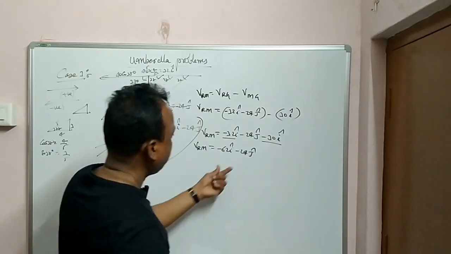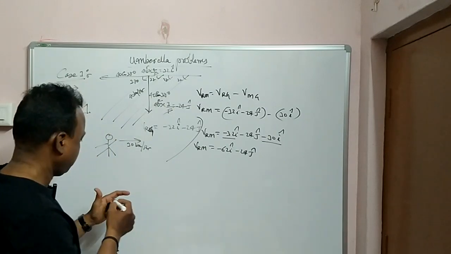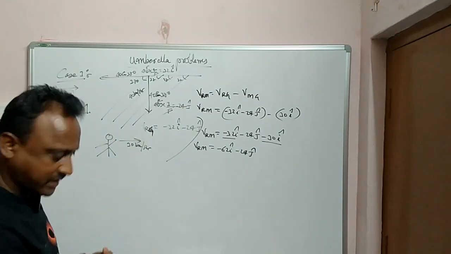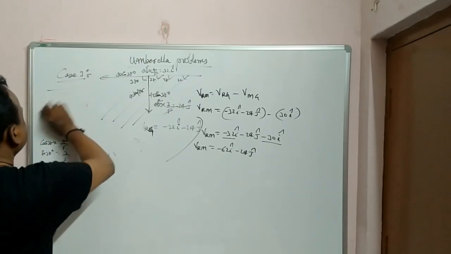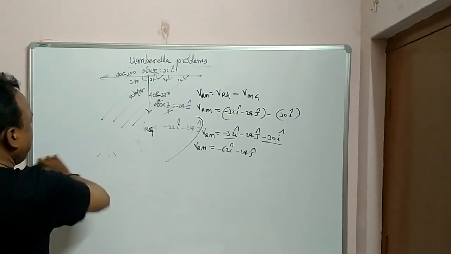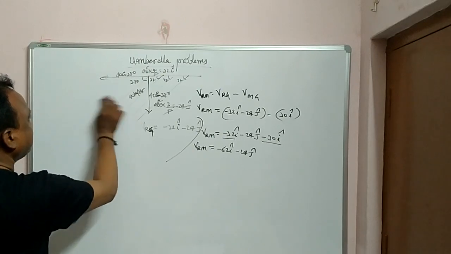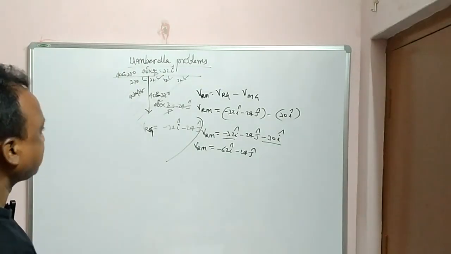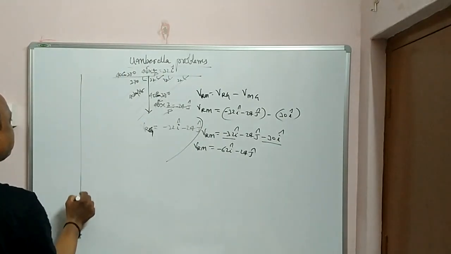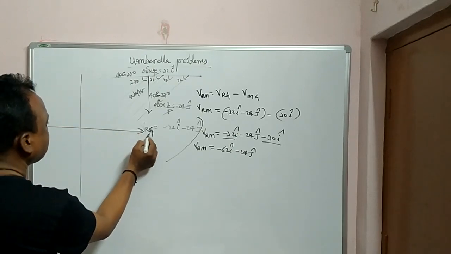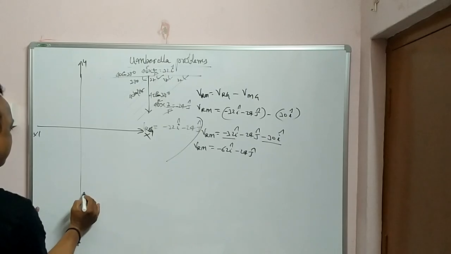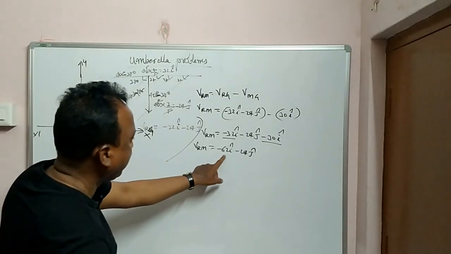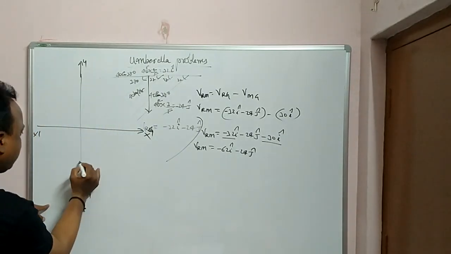Now if you draw it, I will draw here how to hold the umbrella. On the xy axes, this is positive x, negative x, positive y, vertical, negative.